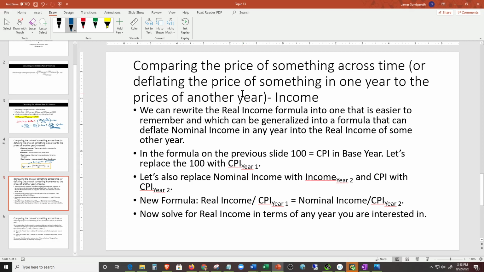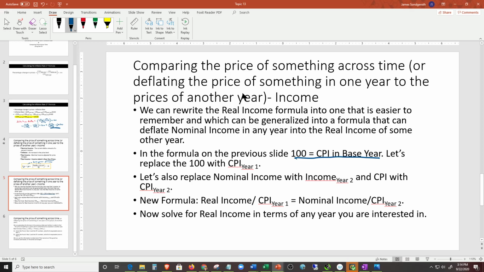So we can rewrite the real income formula into one that is easier to remember and which can be generalized into a formula that can deflate nominal income in any year into real income of some other year. In the formula of the previous slide, the CPI 100 equals the CPI of the base year. And that's by definition when we are talking about the CPI.